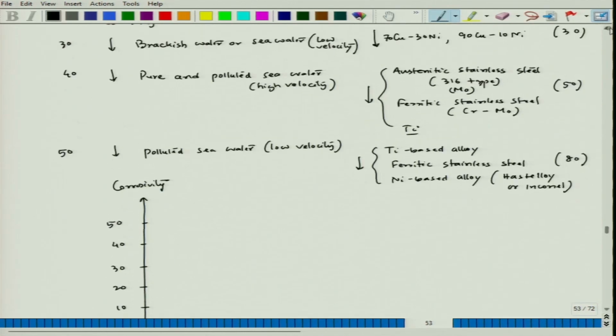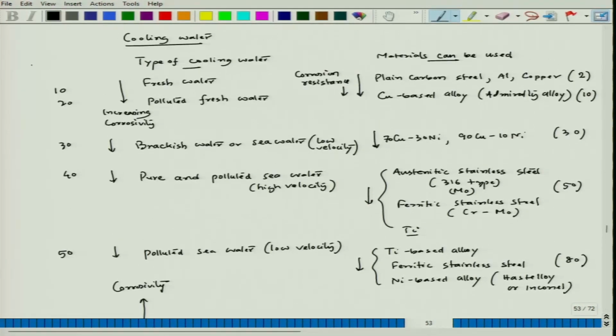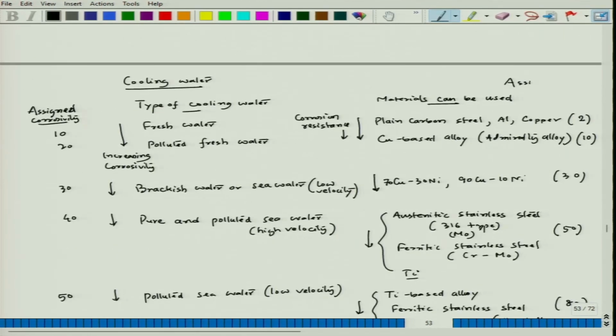So I can put it as assigned corrosivity, and this is assigned corrosion resistance. So I am talking about these numbers.